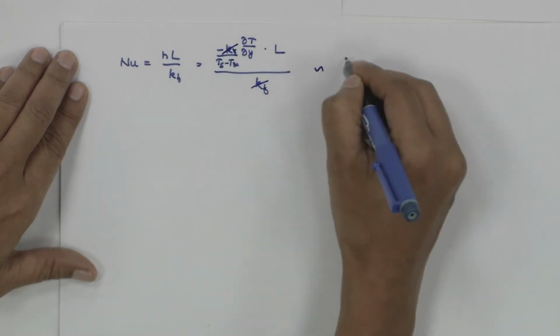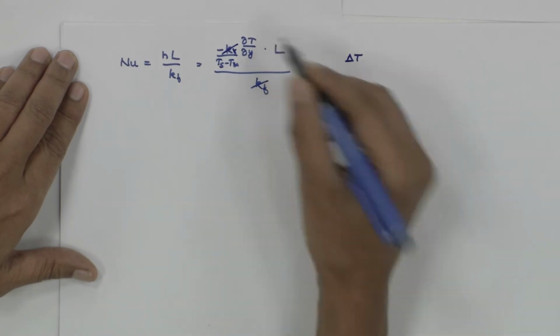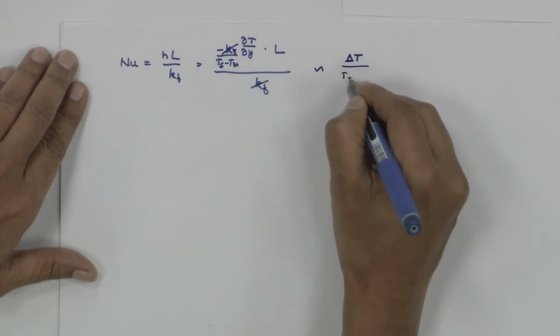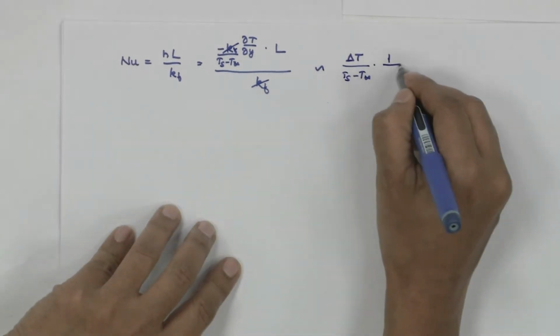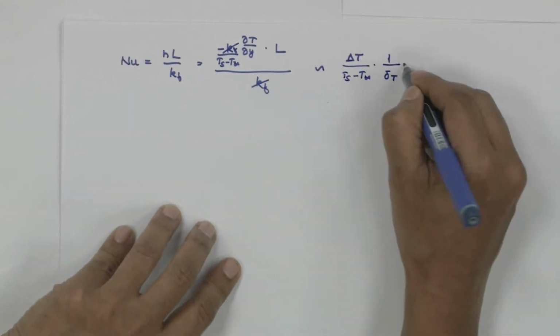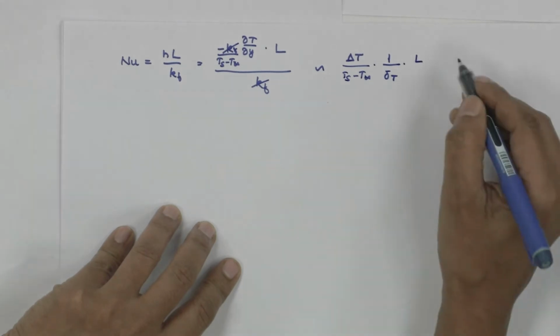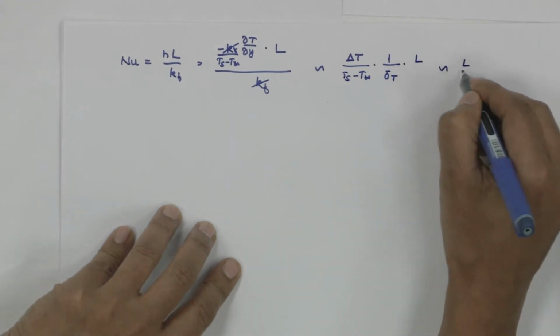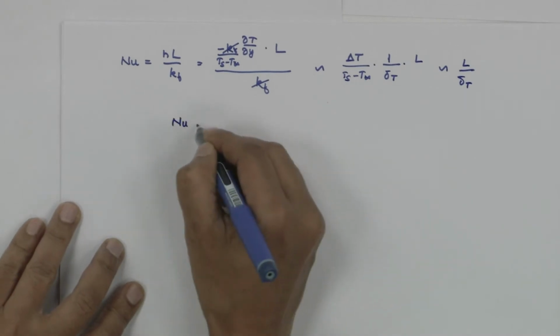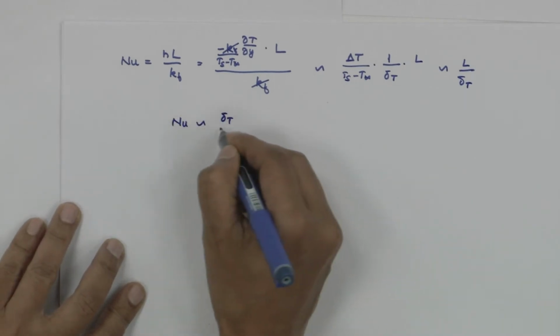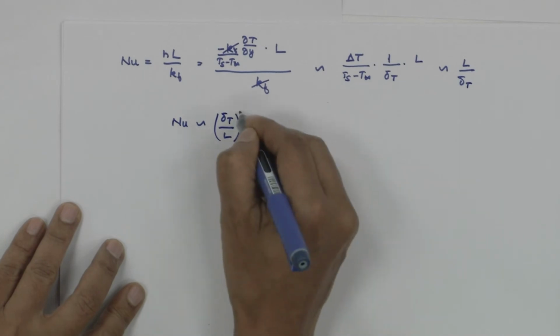So you have del T as of the order of delta T upon Ts minus T infinity into delta Y is of the order of del T, and you have L. So this is of the order of L by delta T, that is Nusselt number is of the order of delta T by L to the power of minus 1.